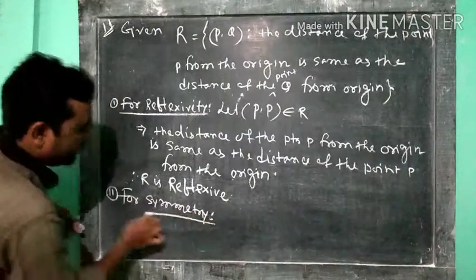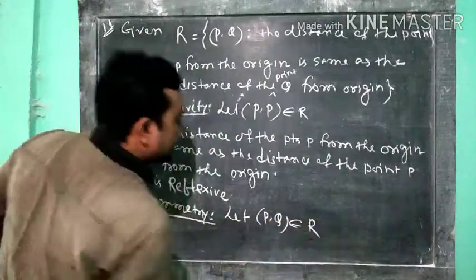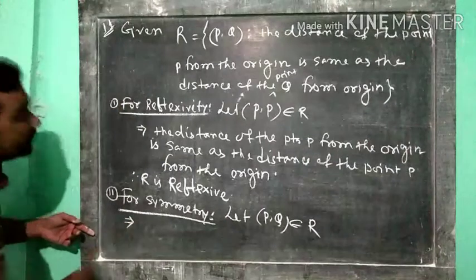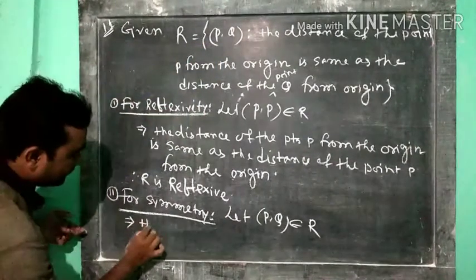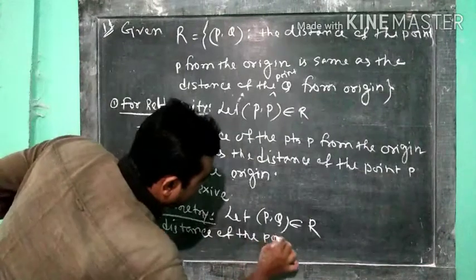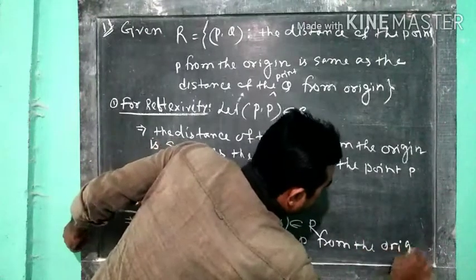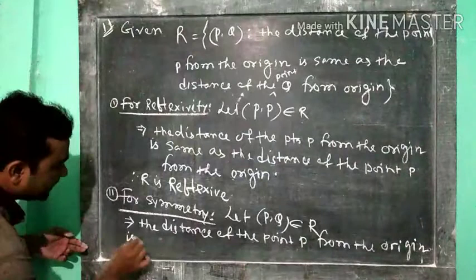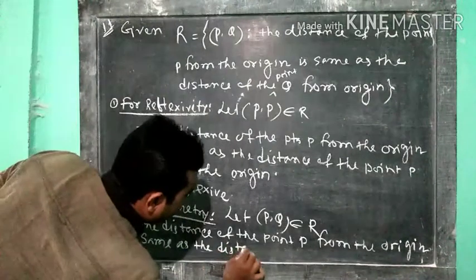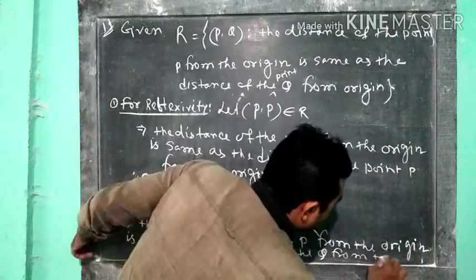For symmetry, let (P, Q) belong to R. For symmetry, we are taking 2 points from R. So the given condition is this one: the distance of the point P from the origin is the same as the distance of the point Q from the origin.